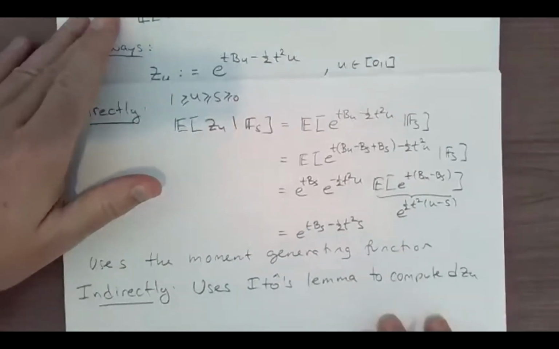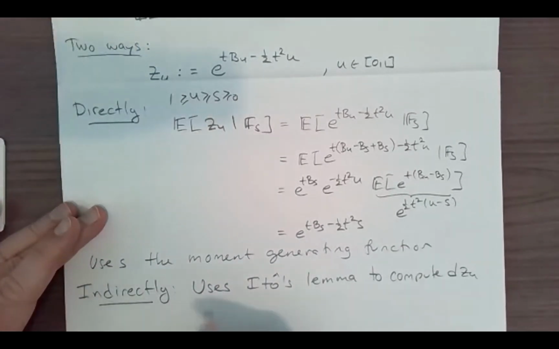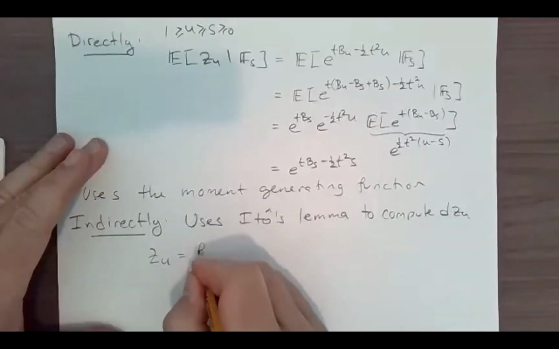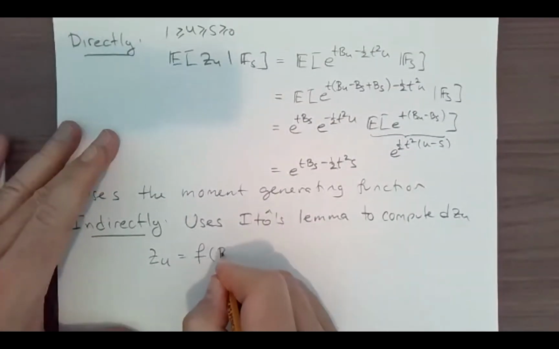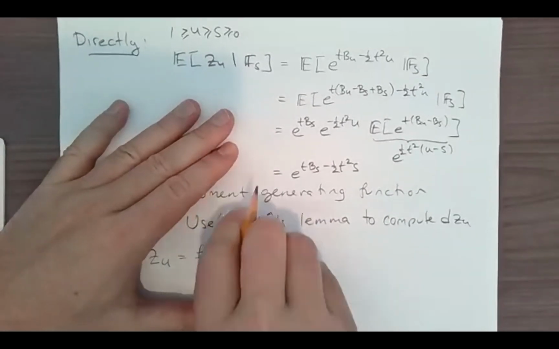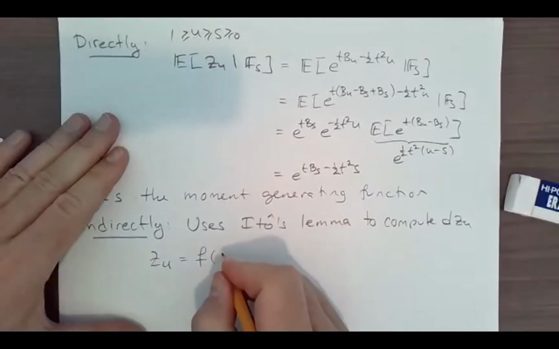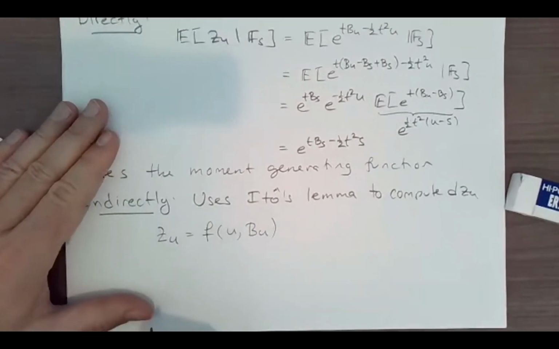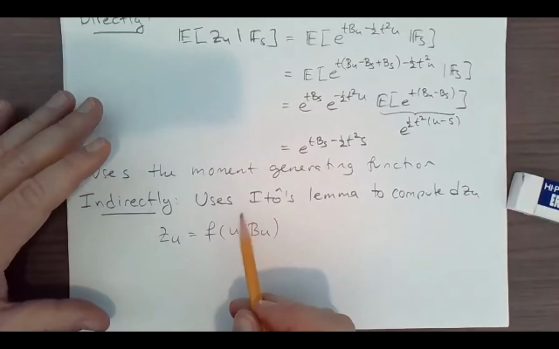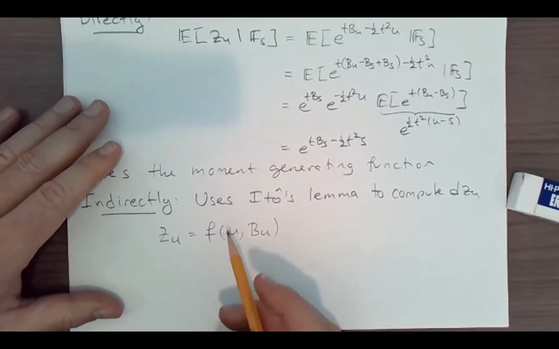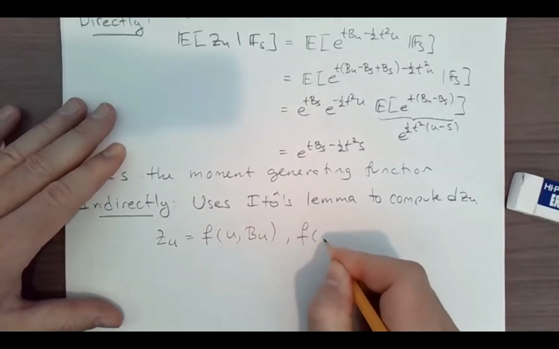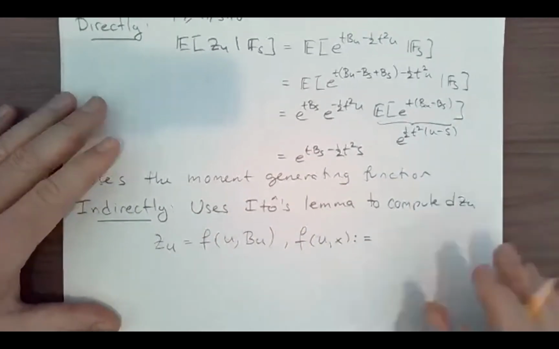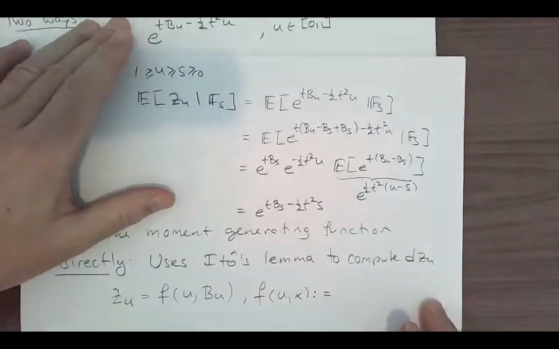Okay, so how does that work? Well, you need to write z_u as a function of b_u. We put b_u as a second argument. So it's writing this as a function of u and b_u. If you want to use Ito's lemma, you have to find a function first. So what's the function? It's a function of u and x. What should we use for the function?